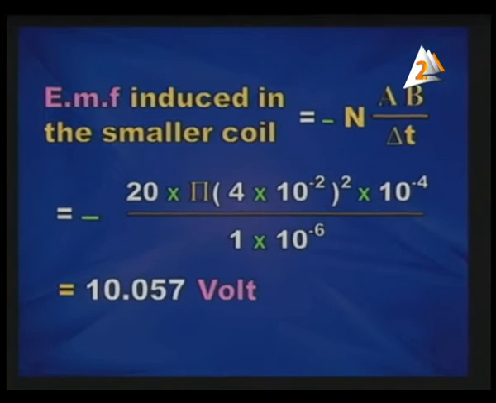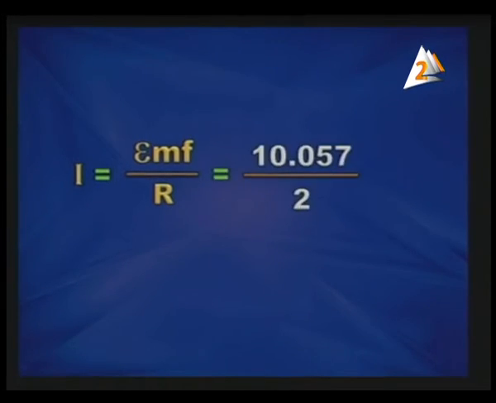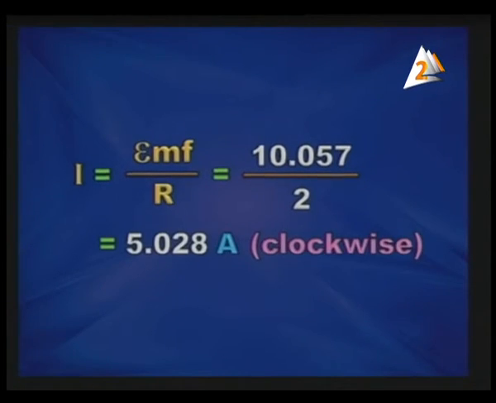It is 10.057 volt. And now we can calculate the current. It is obtained from the relation current is equal to the voltage or EMF over the resistance. It is 10.057 over 2. It is 5.028, and it will flow in the clockwise direction.